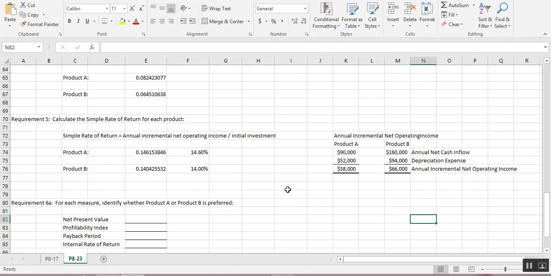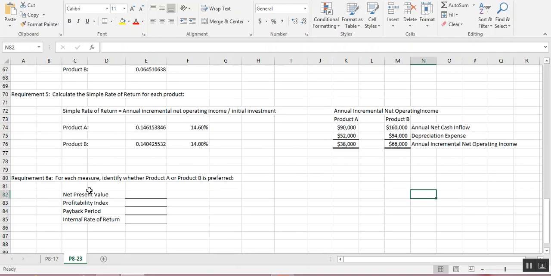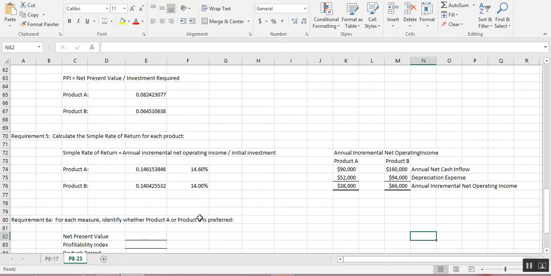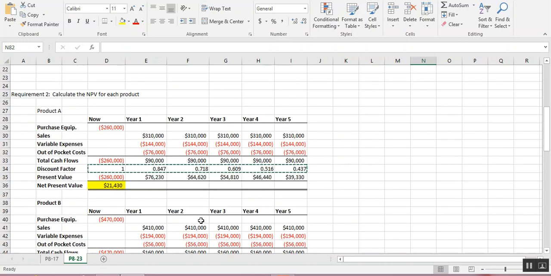Okay, so for requirement 6, I said for each measure, identify whether product A or product B is preferred. And we've got the net present value, profitability index, payback period, or internal rate of return. So if we're going to do that, we're going to have to scroll back up to our work we did earlier.